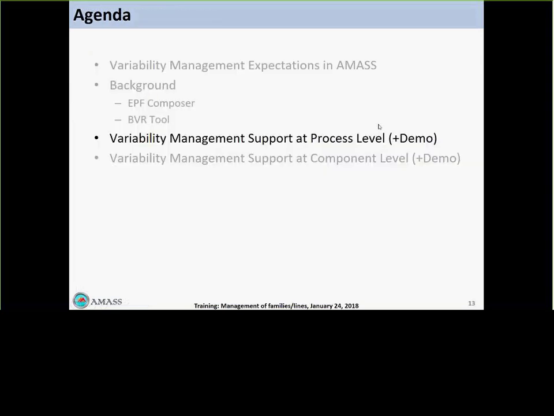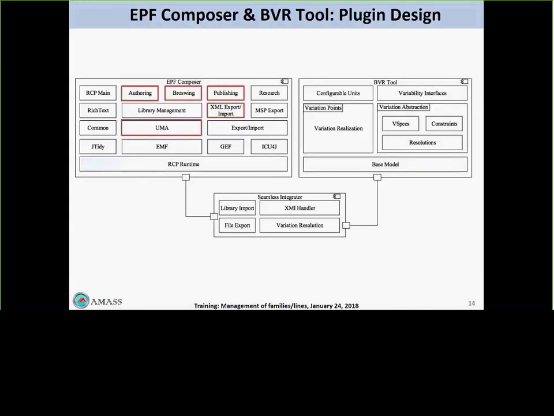Next, I'm going to present the variability management support at process level, and we will have a demo. We have achieved the seamless integration between process engineering and variability management. To achieve the seamless integration, we import the library from EPF Composer. We make the required adjustments to support the variability management with the BVR tool.